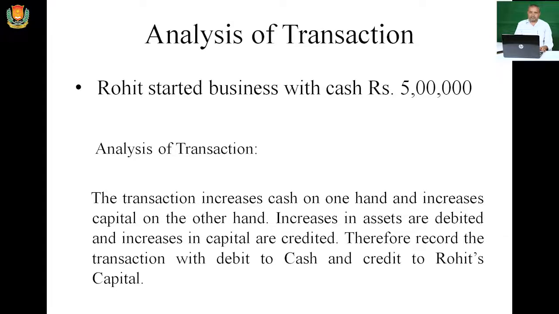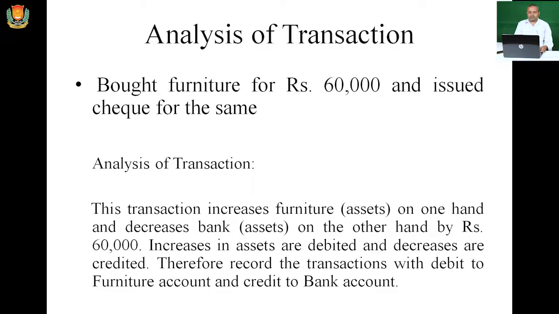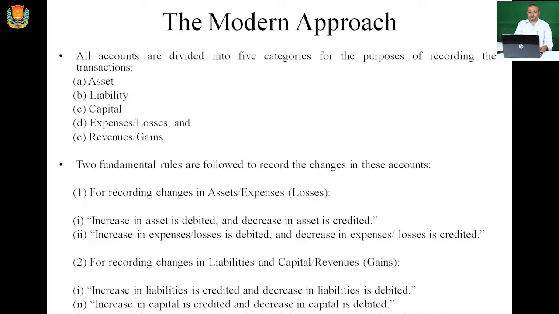The first one is assets, second is liability, third is capital, fourth is expenses or losses, and fifth is revenues or gains. So these were the rules on which the premises of accounting have been erected, and on the basis of which the accounting records are maintained. The accounting records include journal, ledger, trial balance, profit and loss account, and balance sheet.